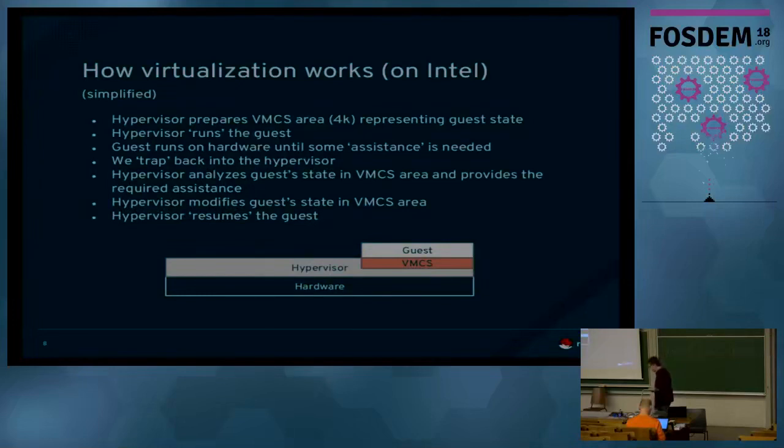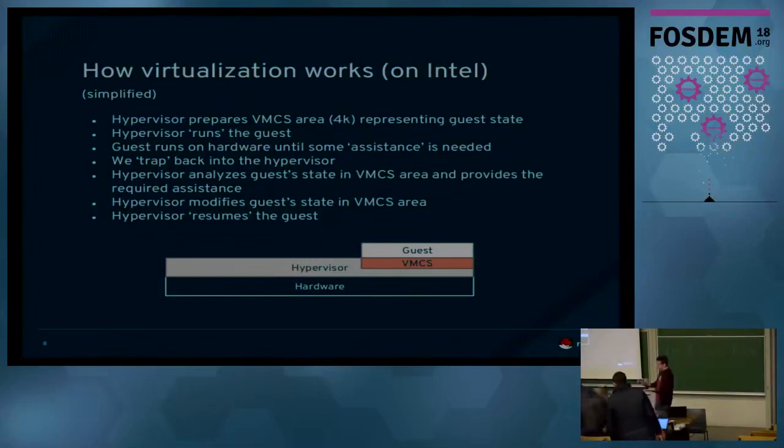So, how does virtualization work on Intel? Your hypervisor, it doesn't matter if it's KVM or Hyper-V, any hypervisor on x86 will do the same. You prepare a special area which describes your guest, one page of memory, 4 kilobytes.